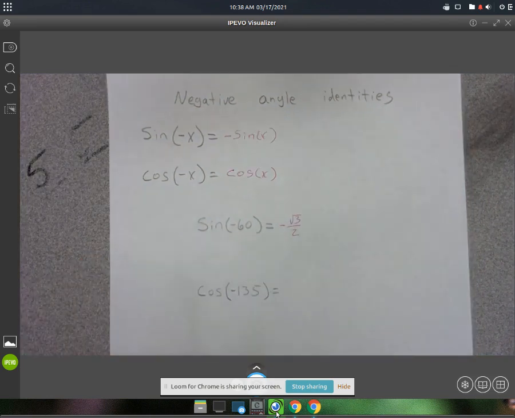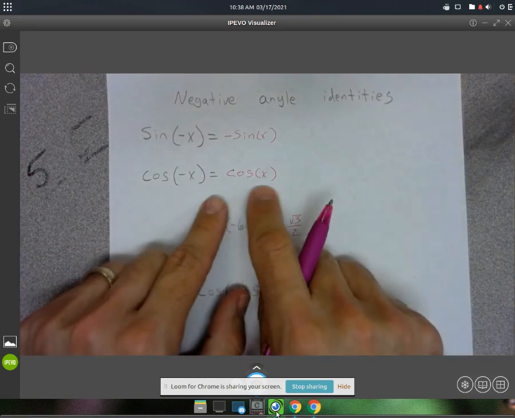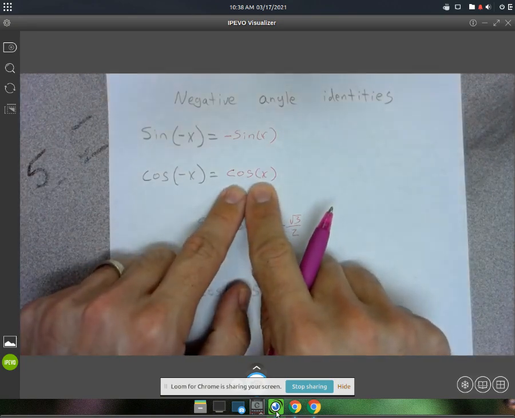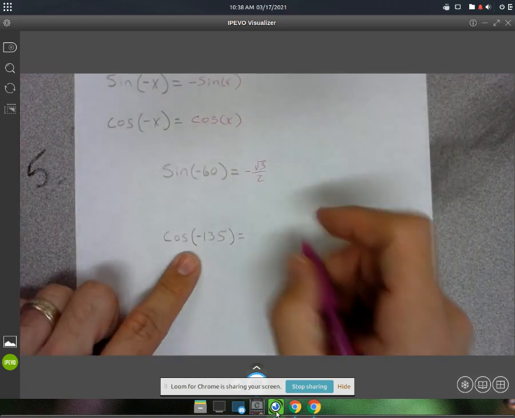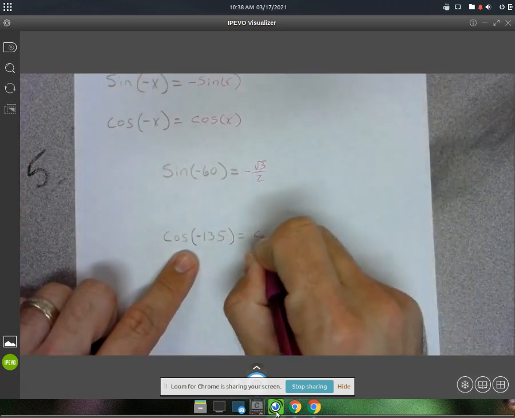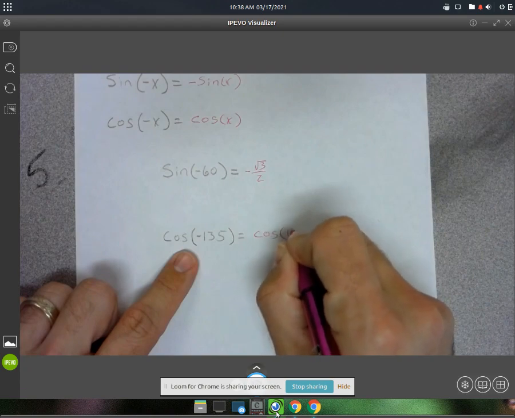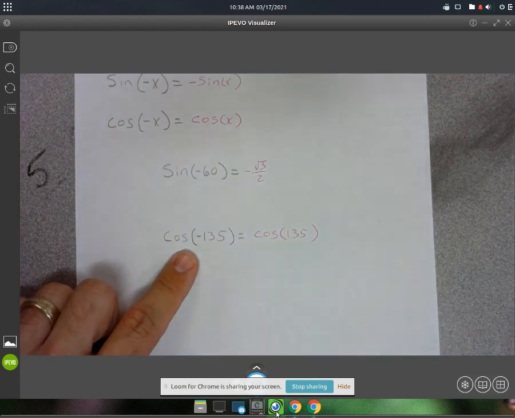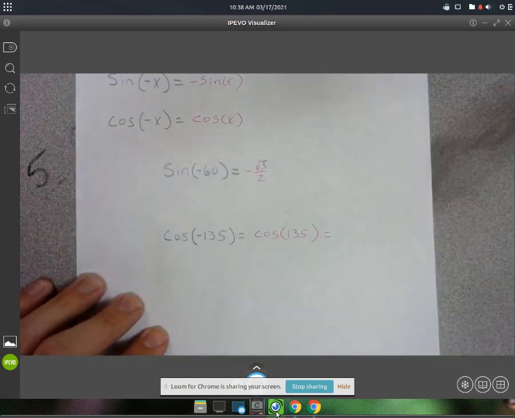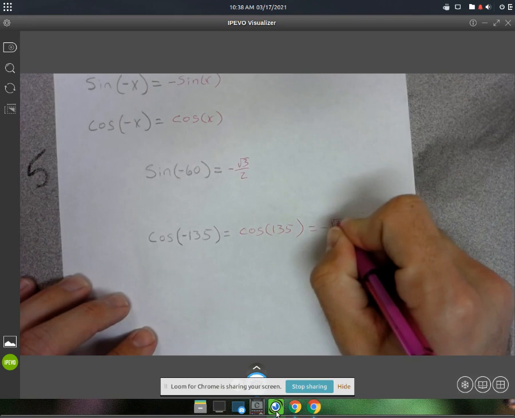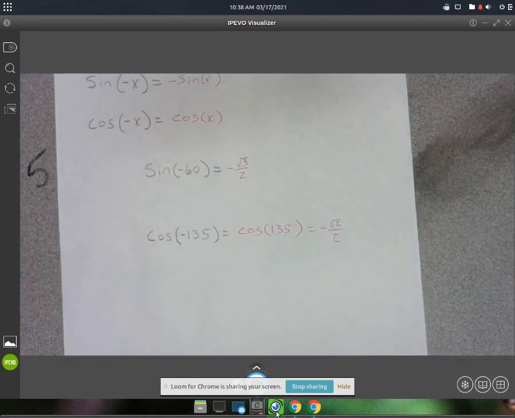Whether you rotate upwards or downwards, you wind up at the same spot x value-wise. So cosine of negative 135 is equal to cosine of 135, which means it's going to be up here in this neighborhood. I think that's going to be negative root 2 over 2. That would be your answer there.